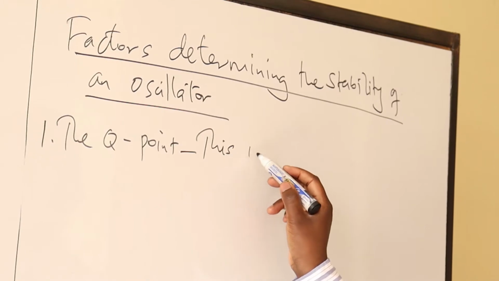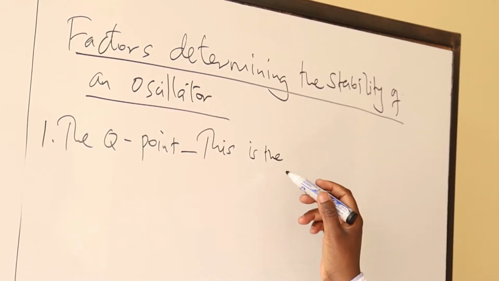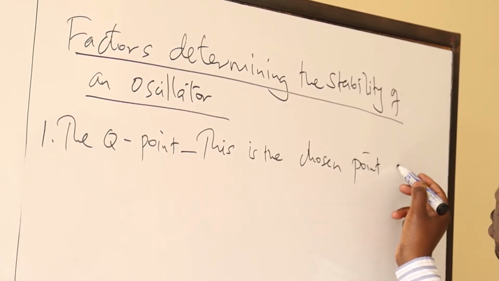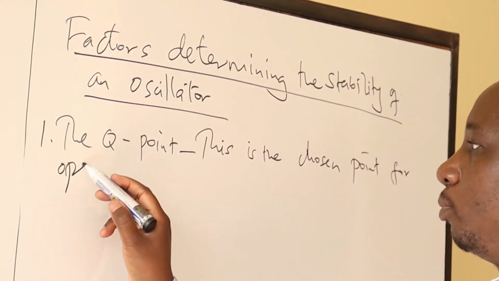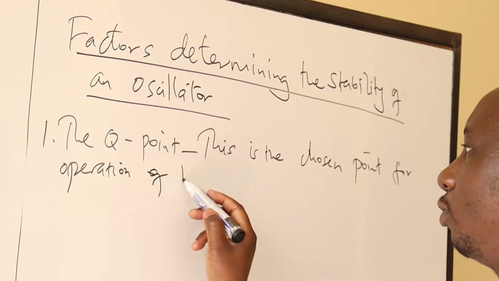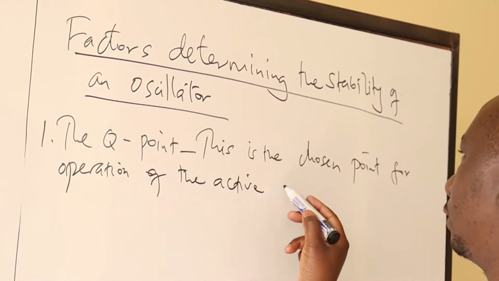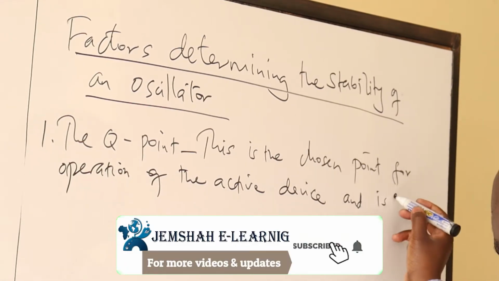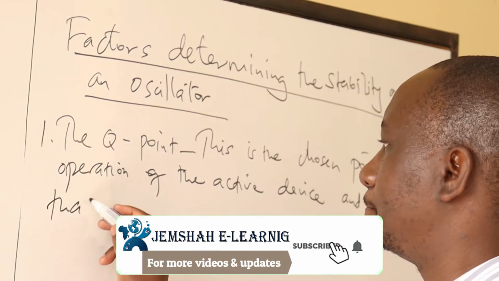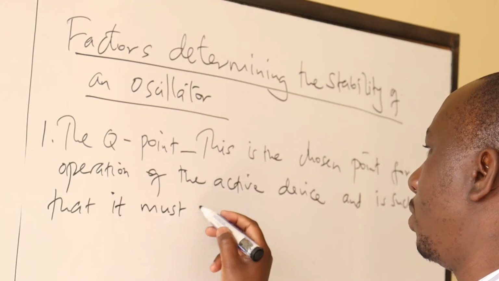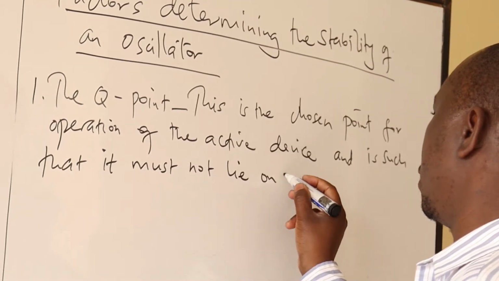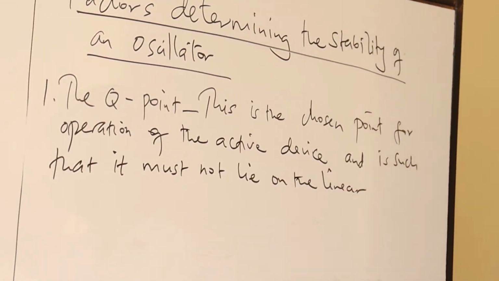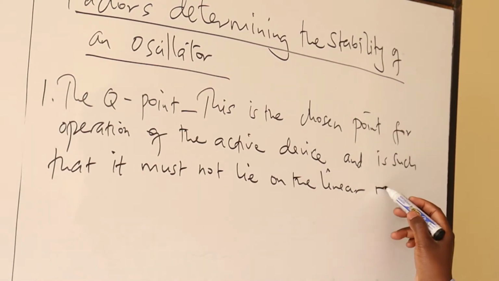This is the chosen point for operation of the active device, and it is such that it must not lie on the linear region.